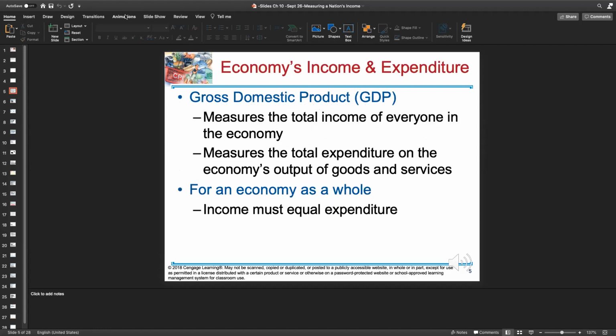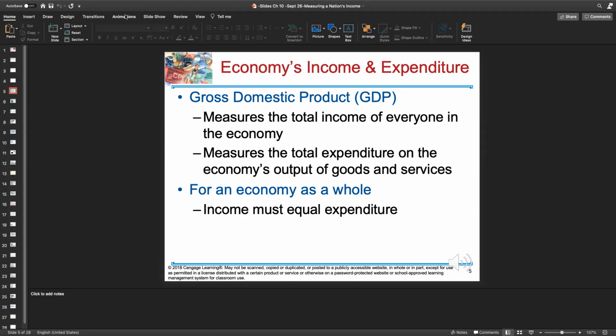So let's define gross domestic product, GDP. GDP measures the total income of everyone in the economy. It also measures the total expenditure on the economy's output of goods and services. So for an economy as a whole, income must equal expenditure.